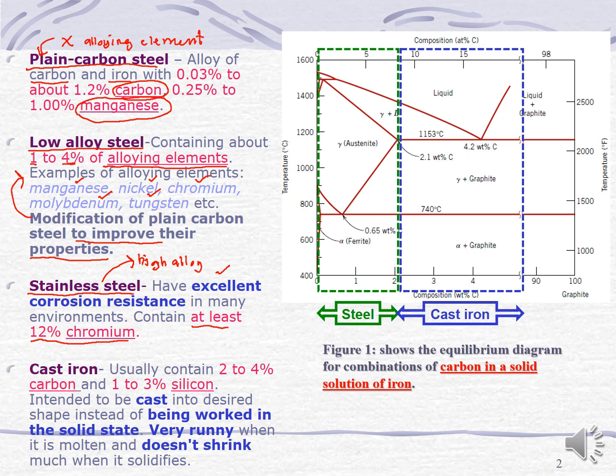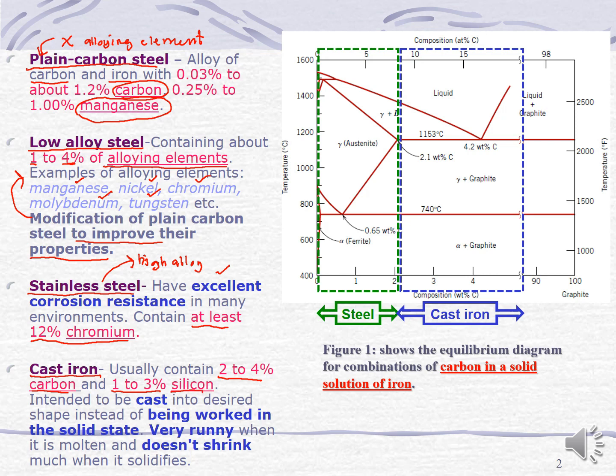Okay. And then how about the cast iron? Cast iron usually contains 2 to 4% carbon and 1 to 3% silicon.